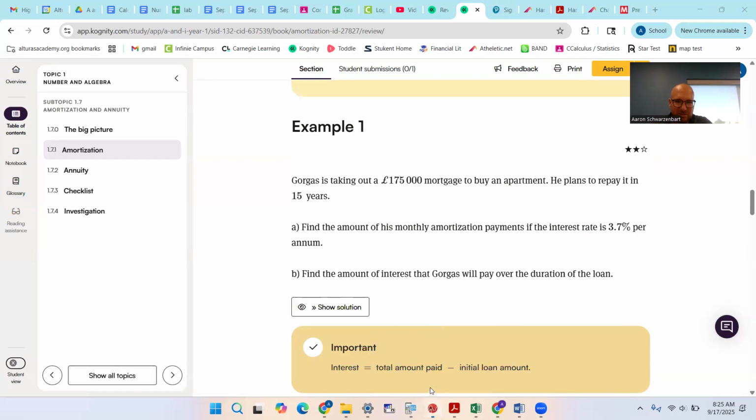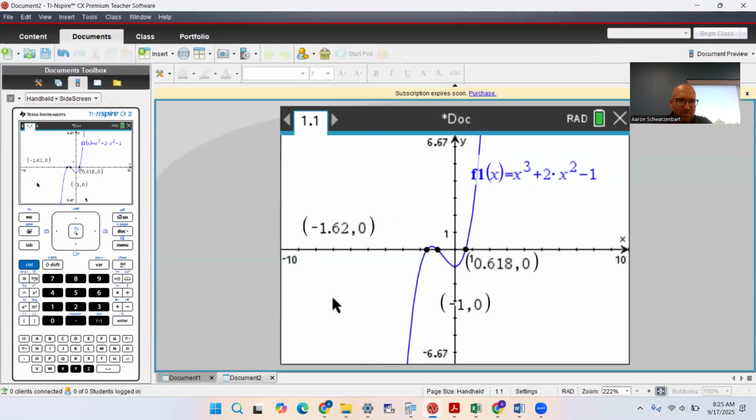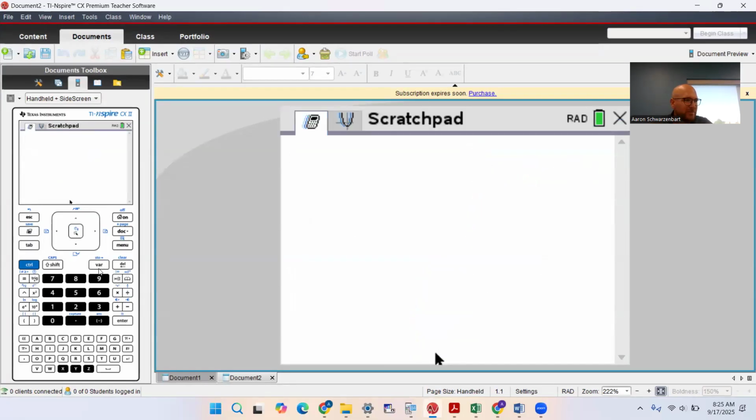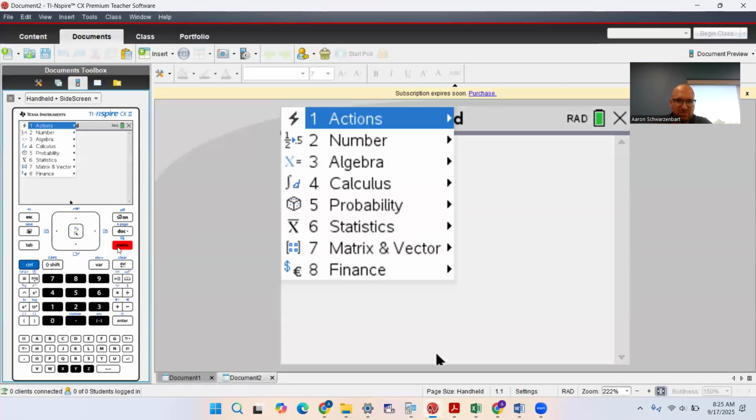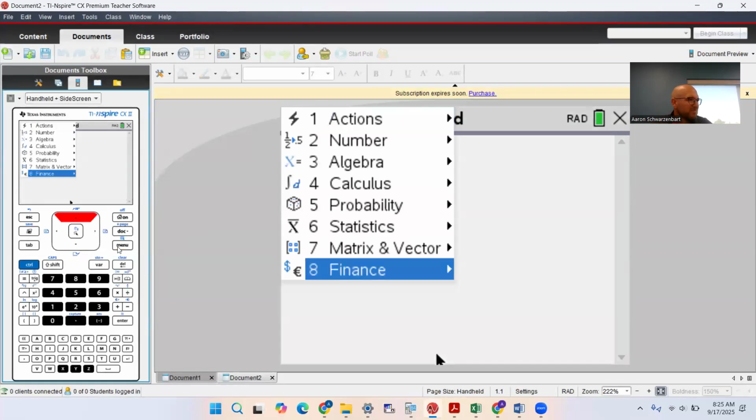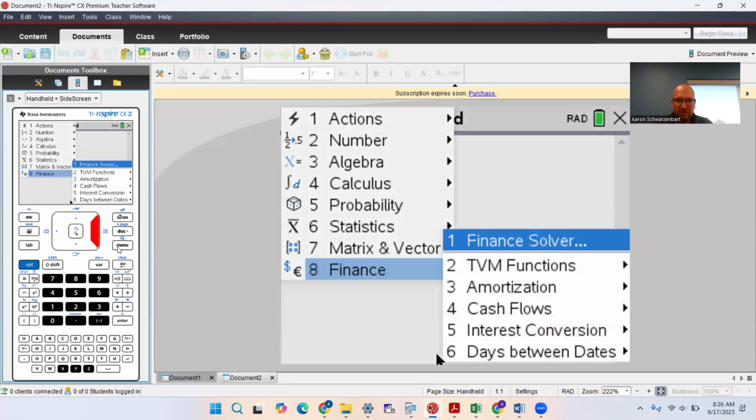So we go to the Inspire. We go to a calculator screen, and we go menu, finance. You can scroll around too. And we're going to do financial solver.